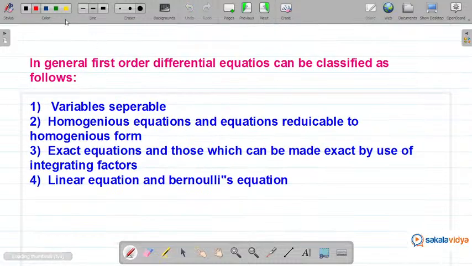In general, first order differential equations can be classified as follows.